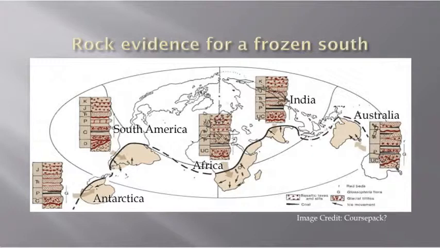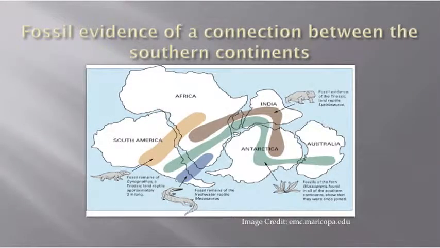So we know that there can't have been glaciation this large on the Earth at this time. So how are we going to reconcile this? Well, what does this mean? Basically, it means all these continents were connected, as Tom was saying, in a supercontinent called Gondwana. And we have even more evidence of this.